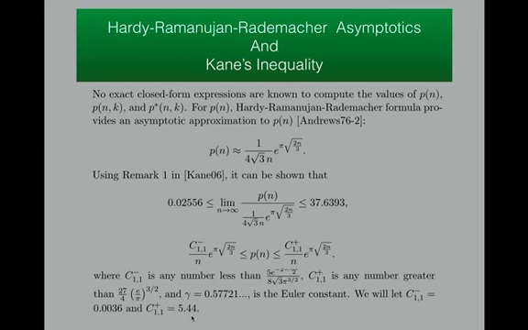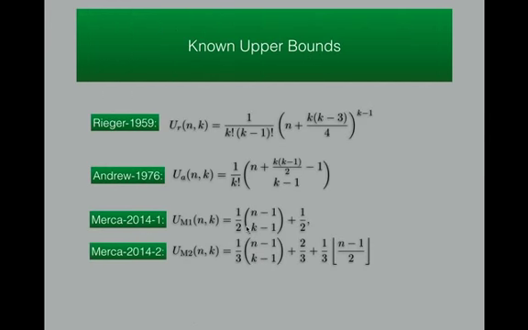Now, with these results in place, we can proceed to stating the existing upper bounds in the field, and then we can talk about the new upper bound. So the known upper bounds, there are about 4 here. There could be some more upper bounds, but they're somewhat related and similar.